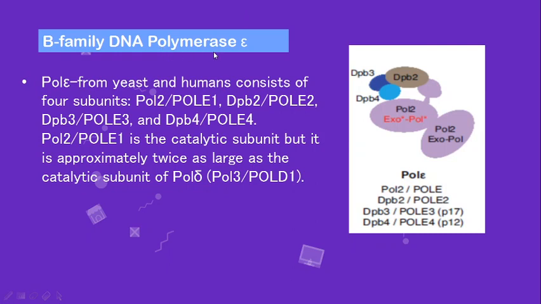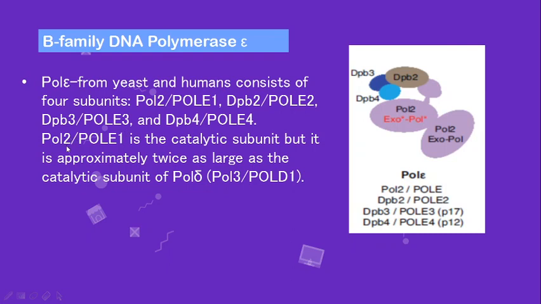The next enzyme is DNA polymerase epsilon, also called polymerase 2. Polymerase epsilon from yeast and humans consists of 4 subunits: POL2, DPB2, DPB3 and DPB4.